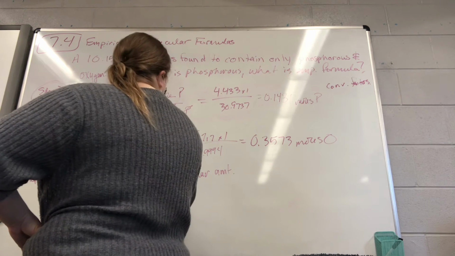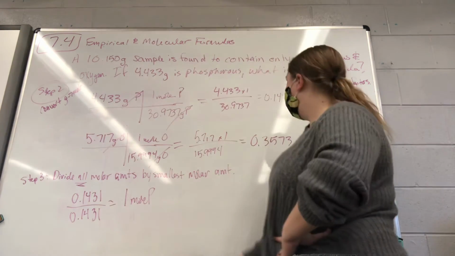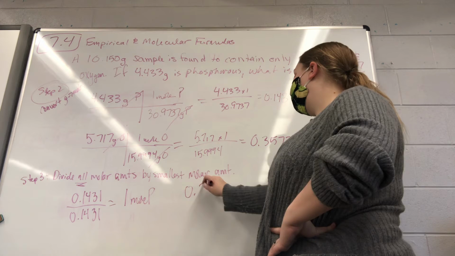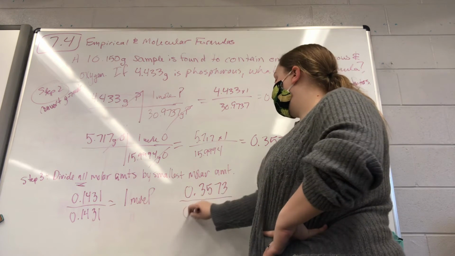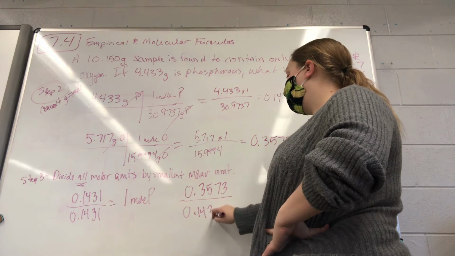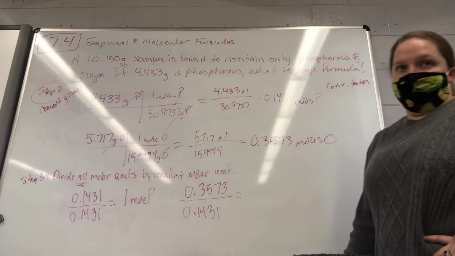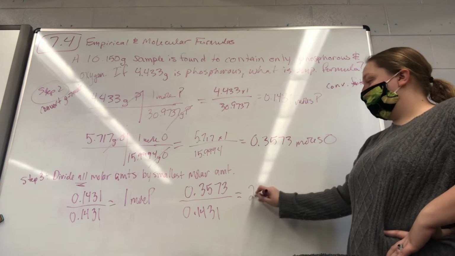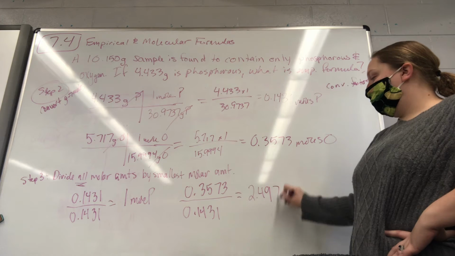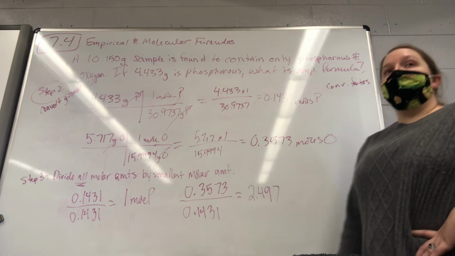And this is going to get you 1 mole of P. And we're going to do 0.3573 over 0.1431. What are we going to get there? 2.49. Is that what she said? 2.497? Okay. Our last step.